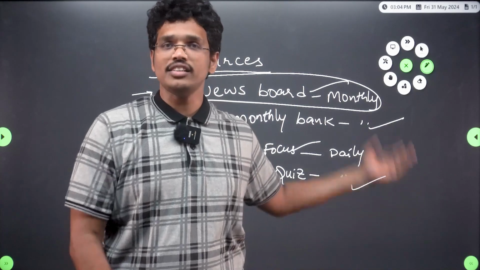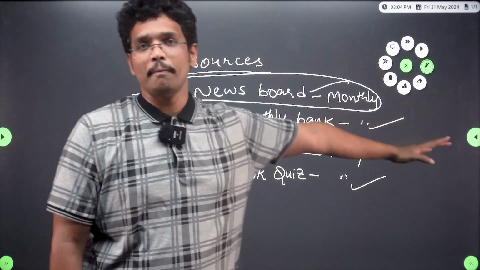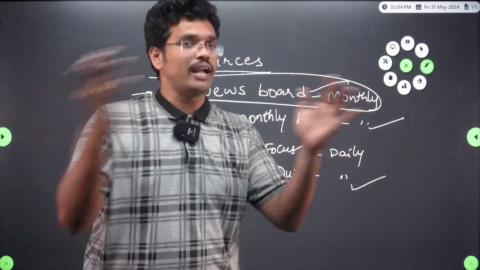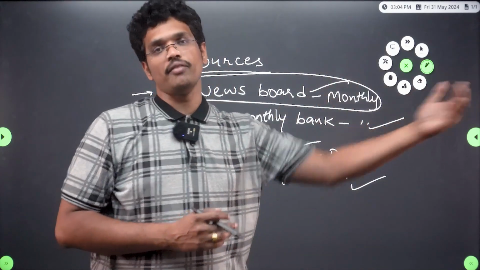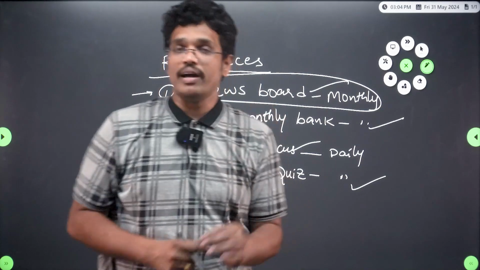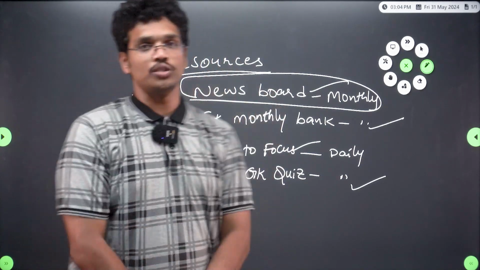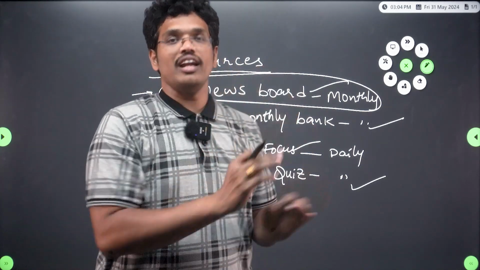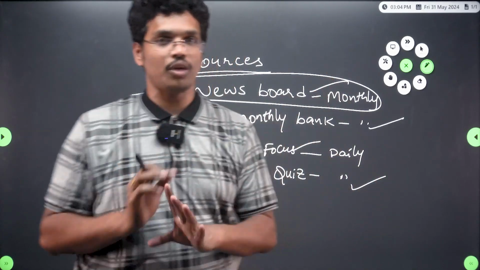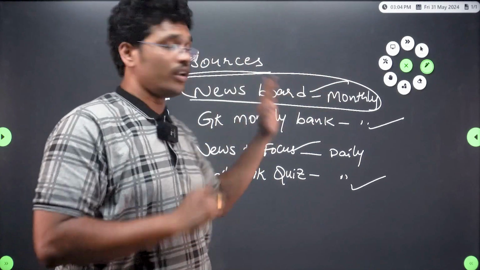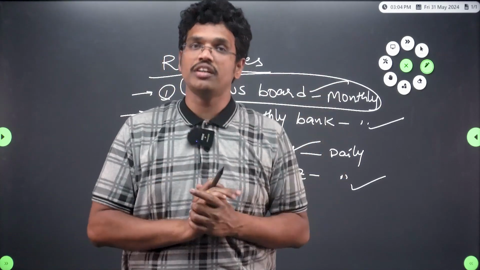Within 30 days you can complete this monthly magazine. Then a fresh magazine will come, and you can start again from topic 1 to the end. If you follow this news board every month, you can attempt any topic, because we are covering each and every topic.